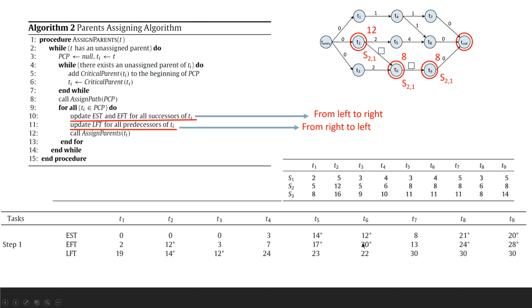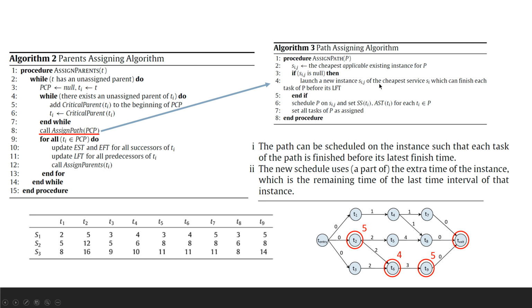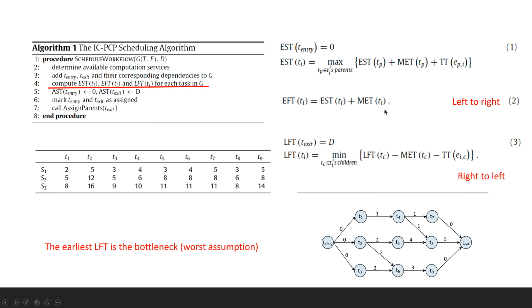The EFT is also updated to 20, and now we are looking at LFT. So we are basically looking at the EST of T6, which is 12. 12 minus 2, I think it should be here. I think here is a typo. Here should be 10 instead of 12, because we have to consider the transfer time as well, if you're looking at the formula here.